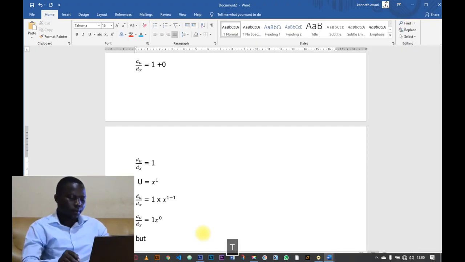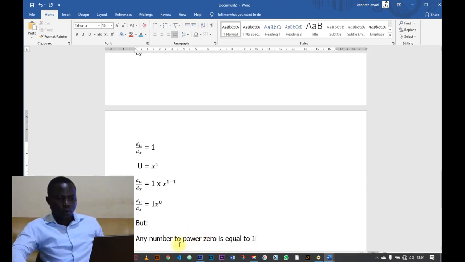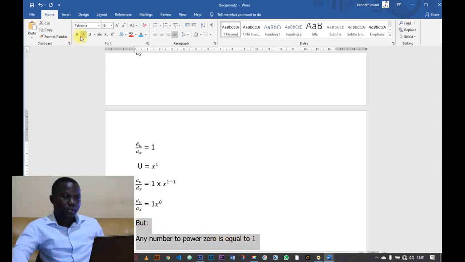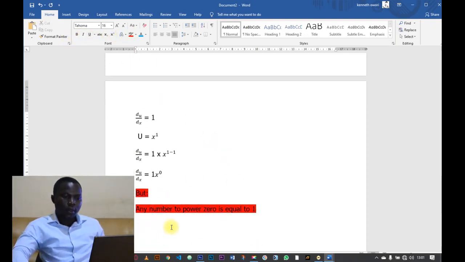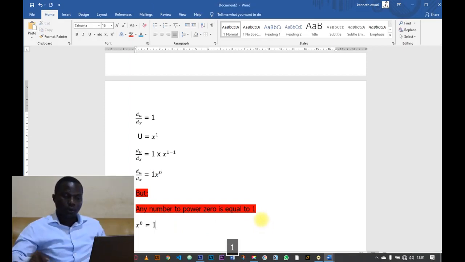But any number to the power 0 is equal to 1. So this is the principle we're applying. Any number to power 0 is always equal to 1. That means x power 0 is equal to 1.